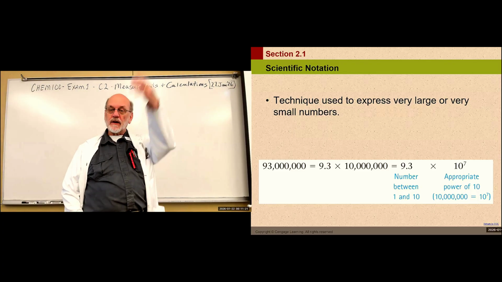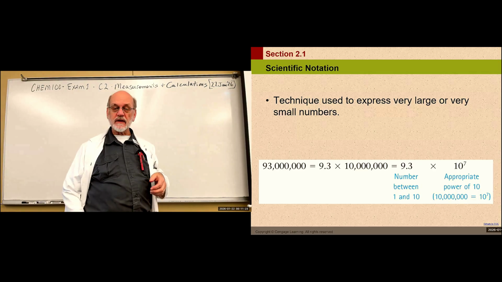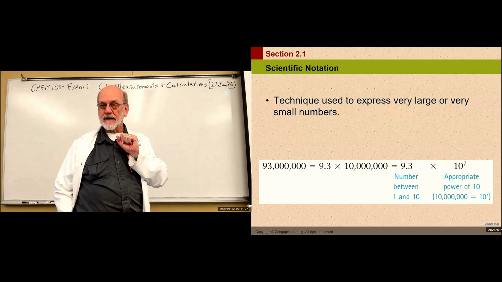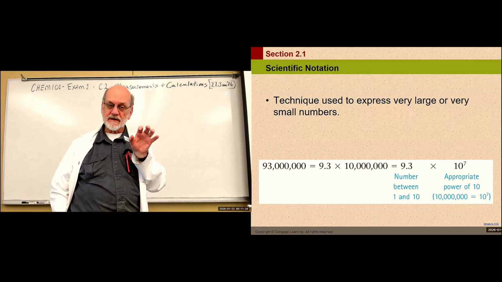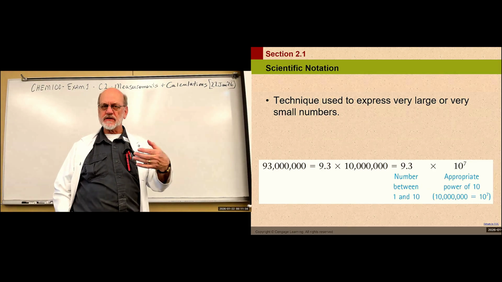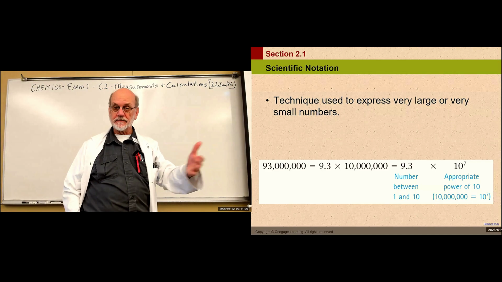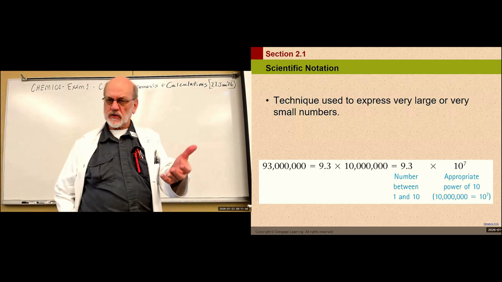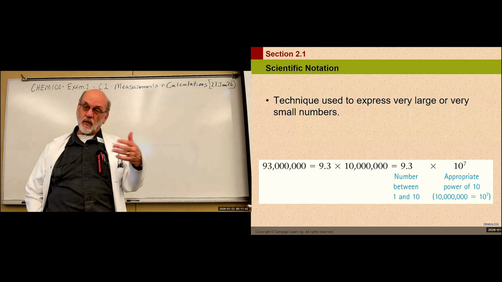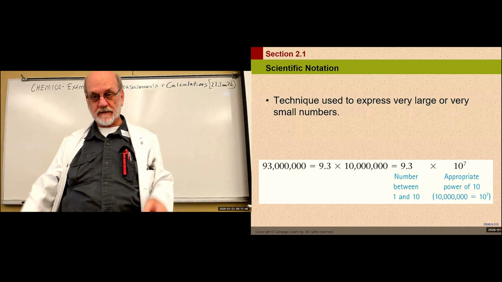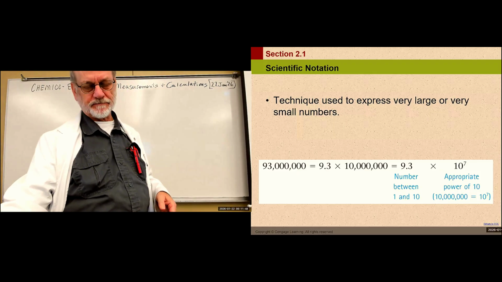Now, they didn't just pull that number out of thin air. 93 million is, if we put miles behind that as units, the average distance of the Earth to the sun in miles. If we used a different measure, like kilometers, it'd be about 150 million kilometers. But it's the same distance, just different measurements.